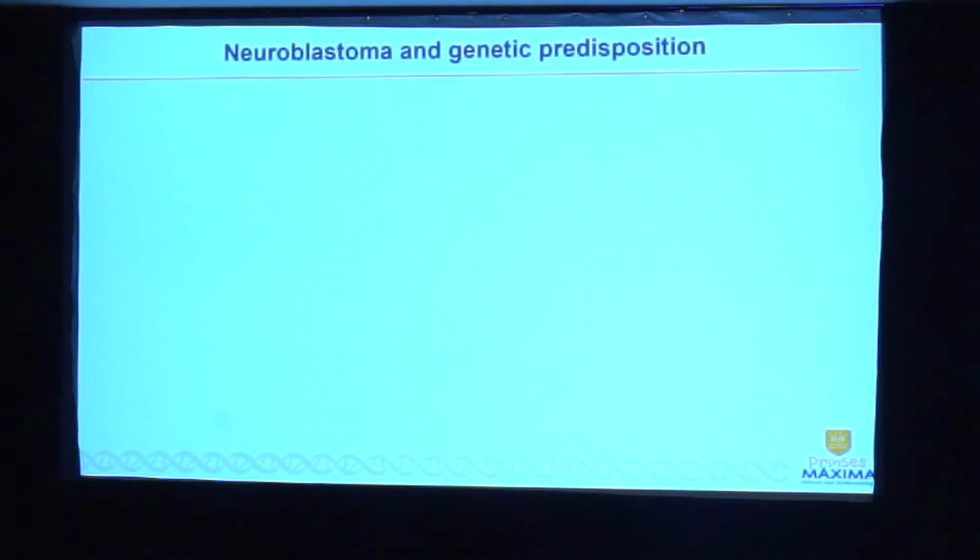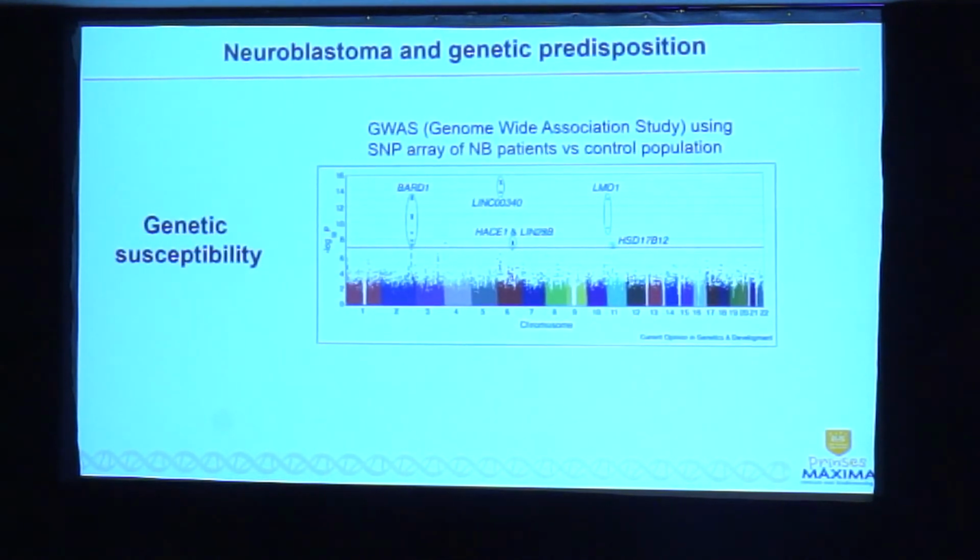There's, of course, genetic predisposition. You've got 2 kinds of genetic predisposition. So you've got the predisposition where you have a slightly increased risk in a larger population, or you have the familial neuroblastoma. So 2 types of predisposition. Genetic susceptibility, that's a difficult word, best found by GWAS analysis, which is mainly done by the group of John Maris.